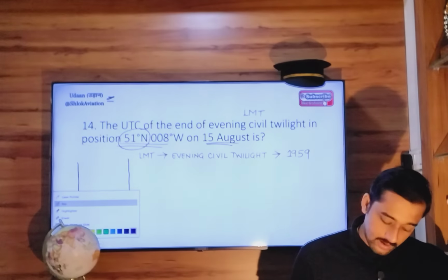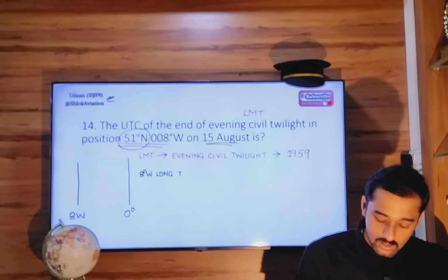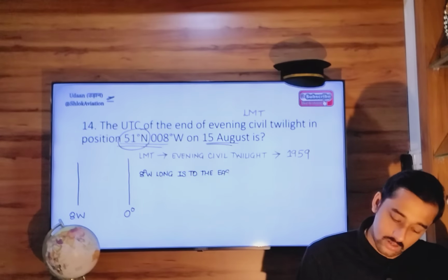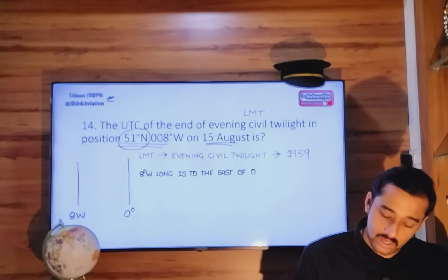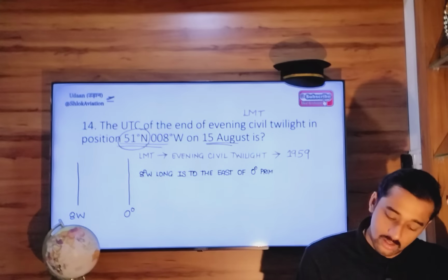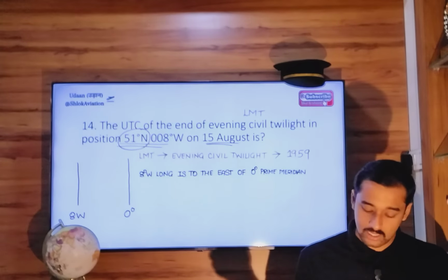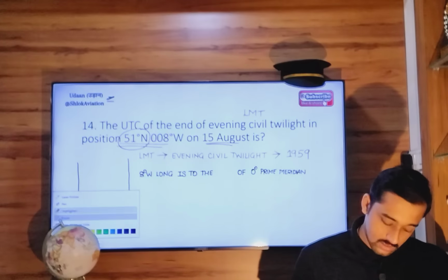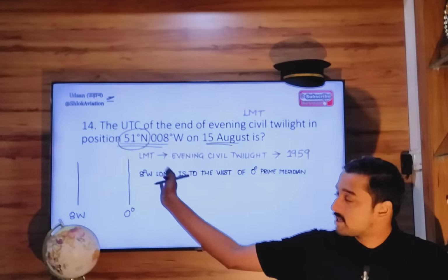Now, 8 degree west is to the west of 0 degree prime meridian. Okay, to the west of it.